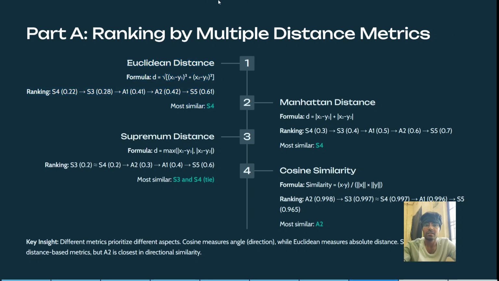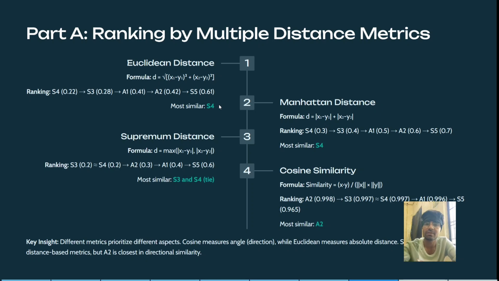For S3, the square root of (1.4 minus 1.6) squared plus (1.6 minus 1.8) squared, that's the square root of 0.04 plus 0.04, approximately 0.28. For S4, the square root of (1.4 minus 1.2) squared plus (1.6 minus 1.5) squared, that's the square root of 0.04 plus 0.01, approximately 0.22.